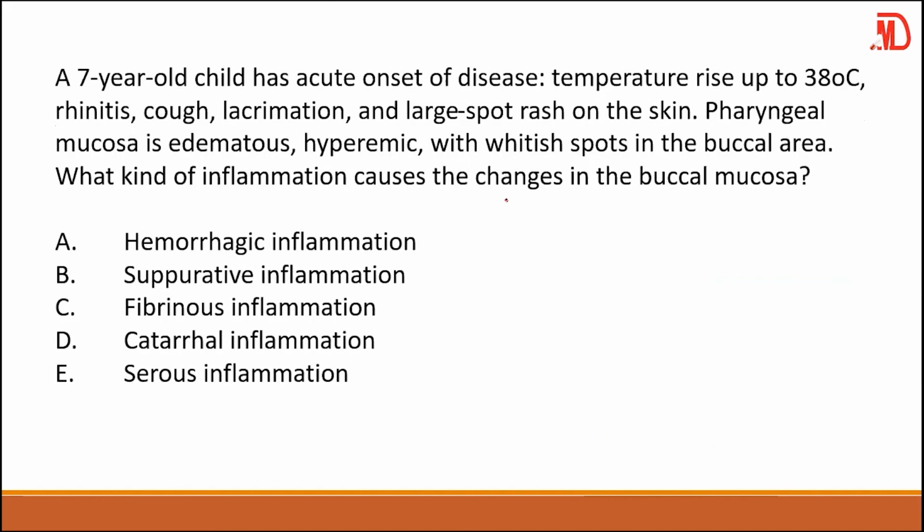A 7-year-old child has acute onset of disease. Temperature rise 38 degrees. There's rhinitis, there's cough, there's lacrimation, and a large spot rash on the skin. Pharyngeal mucosa is edematous, hyperemic, with whitish spots on the buccal area. What kind of inflammation causes the changes in the buccal mucosa?